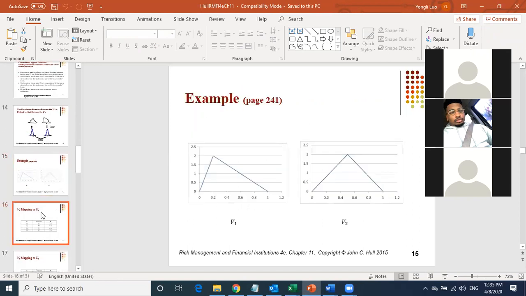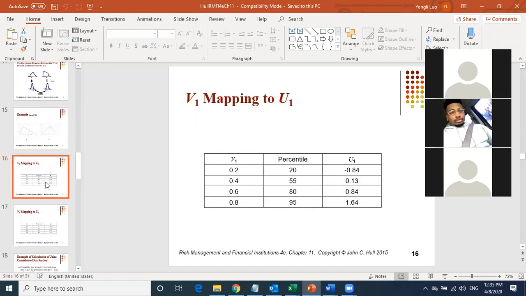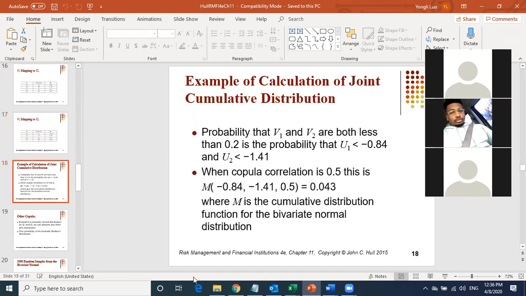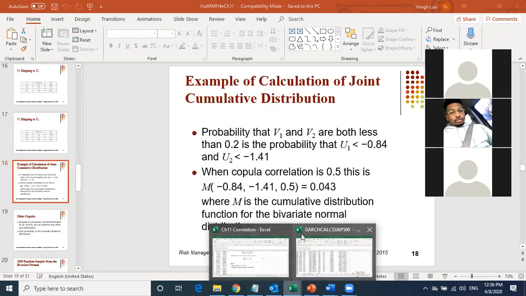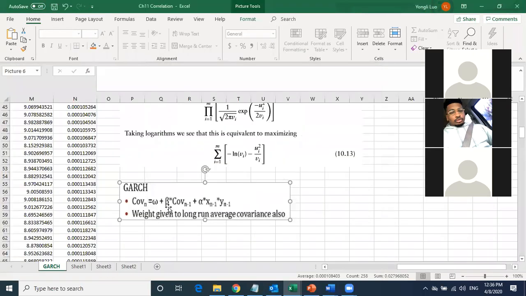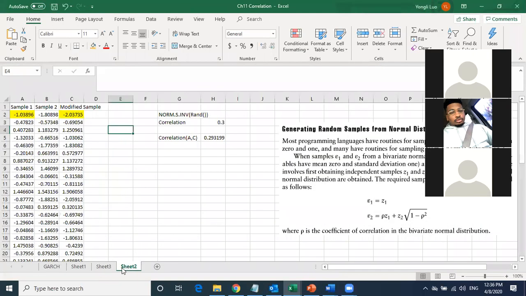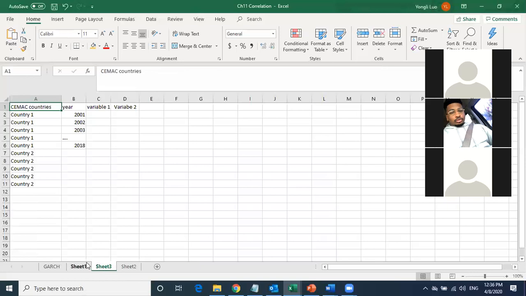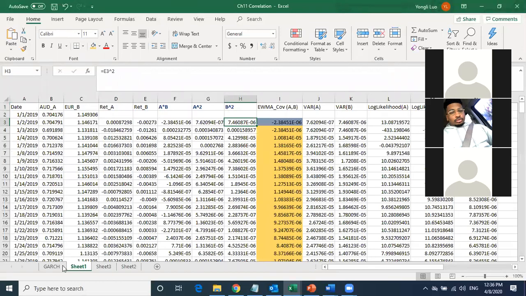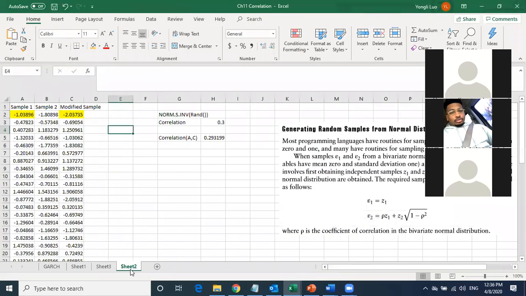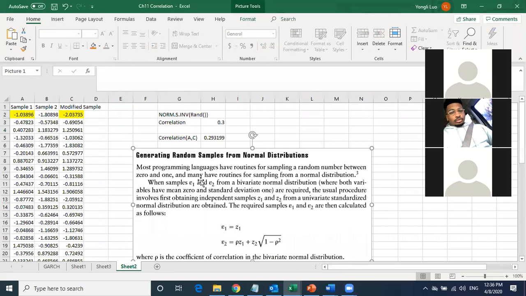So we have the copula and the measuring. I have this spreadsheet. I already created a spreadsheet on how to generate a random sample from a normal distribution.